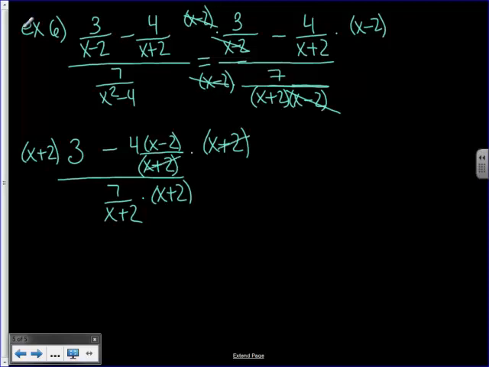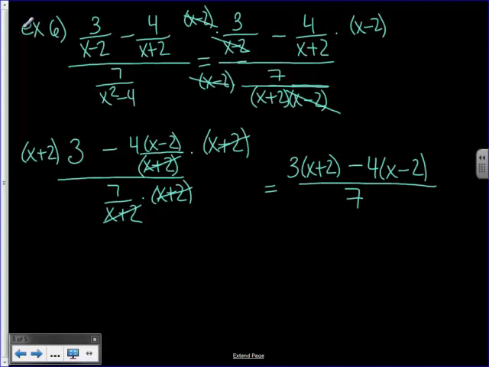Cancel out my x plus 2's here. My x plus 2's cancel. I no longer have denominators anymore. All I'm going to be left with is 3 times x plus 2 minus 4 times x minus 2 all over 7. Then it's just distribute and simplify.